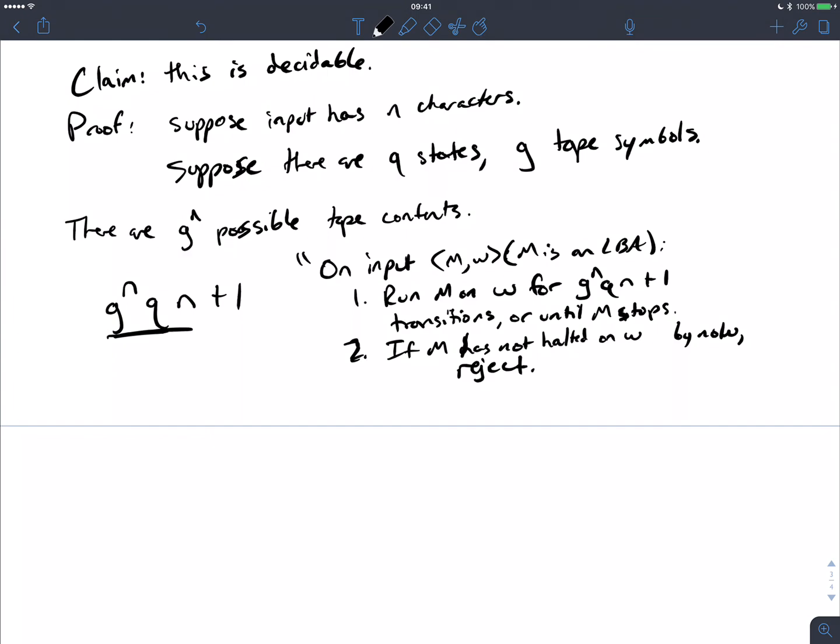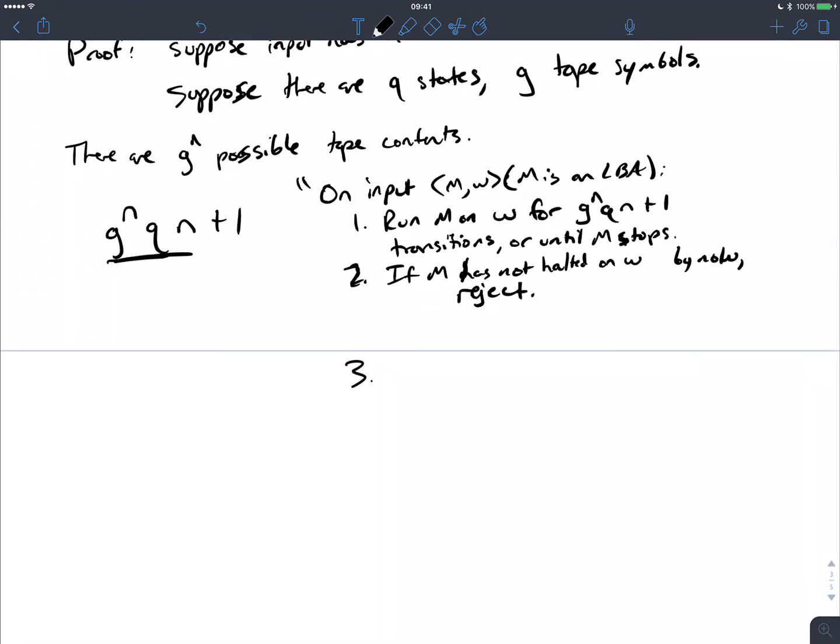So just like we've done in a number of other settings, we just try all possibilities. We know how many possibilities there are given an input Turing machine and its input string. If it doesn't stop within that amount of time, it must repeat a configuration, so we can detect an infinite loop. Then we just output what M said. So in the second step, we detect the case that it does run into an infinite loop.